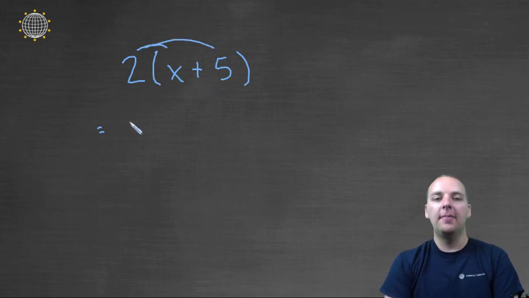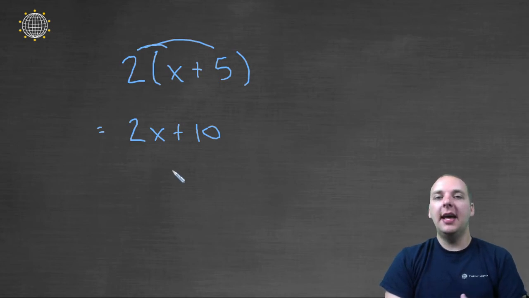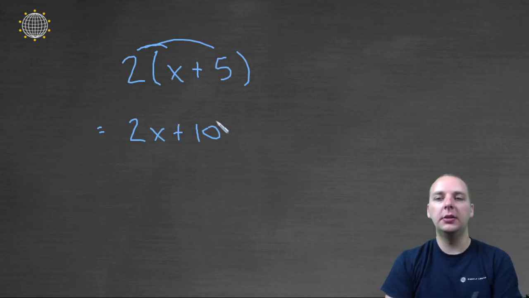We can do that. And we can rewrite this as 2x plus 10. But let's just be clear, 2x plus 10 is the same as 2 times the quantity x plus 5. It looks a little different, and I rewrote it in a different way, but there's nothing that says x has to be a particular number. There's no real solution to an expression like there is an equation.